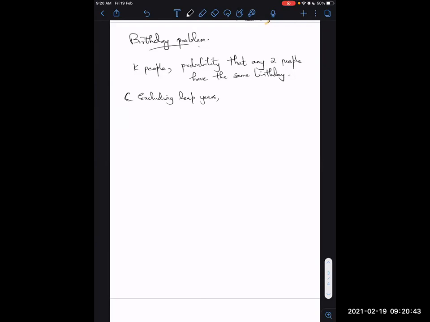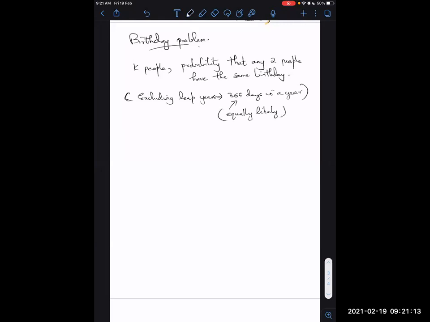So let's exclude leap years for now, which means we have 365 days in a year. And we consider each of these 365 days equally likely, which means any of these days can happen with equal probability.